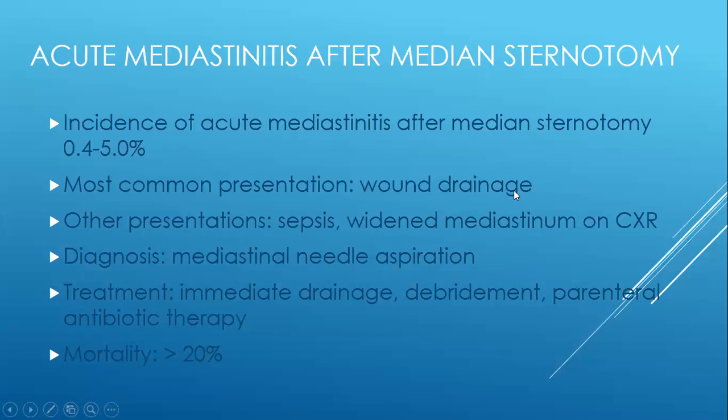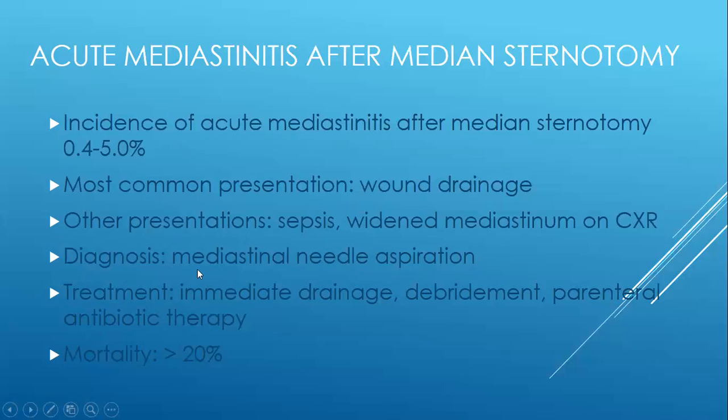So we have to check after the surgery if the wound is healing well and there's no pus draining from the area. So other symptoms would be a septic patient, hypotensive, febrile, and on chest x-ray, we might encounter a widened mediastinum because of the inflammation and the presence of that pus inside the mediastinum.